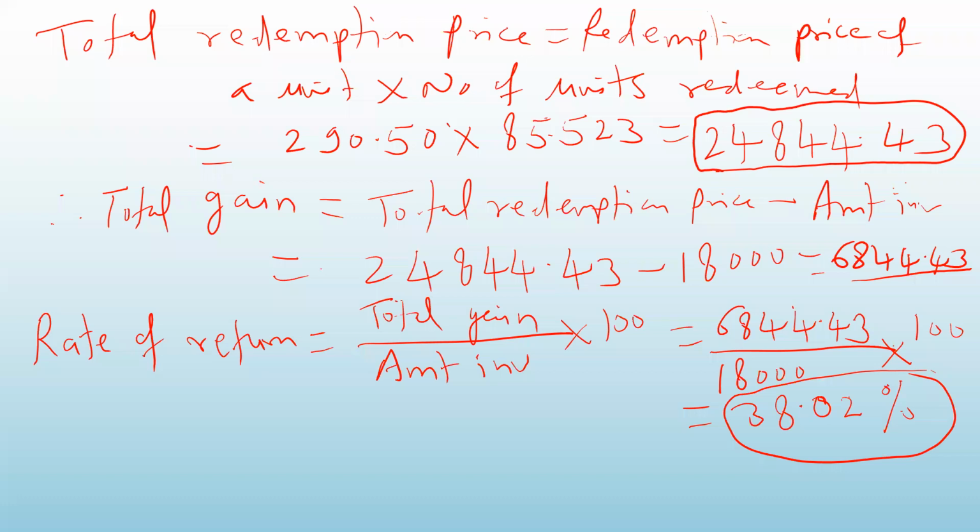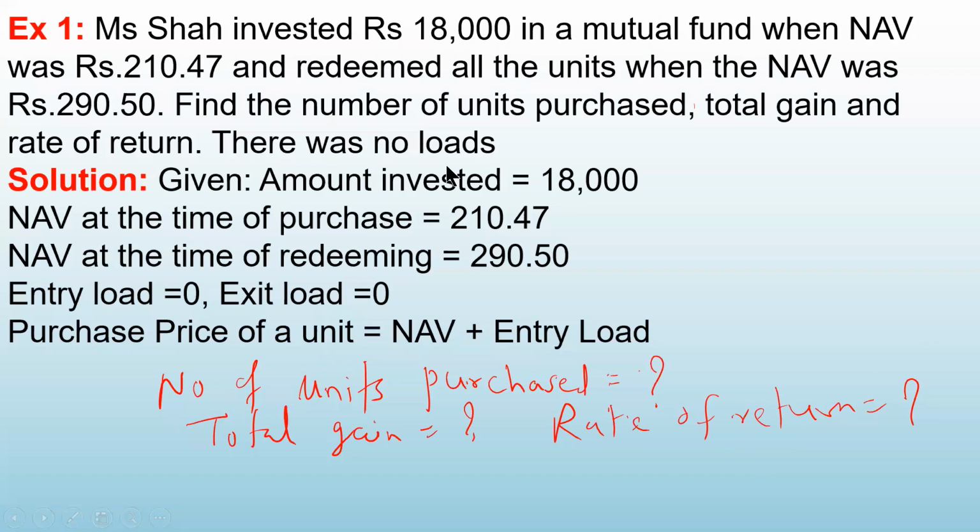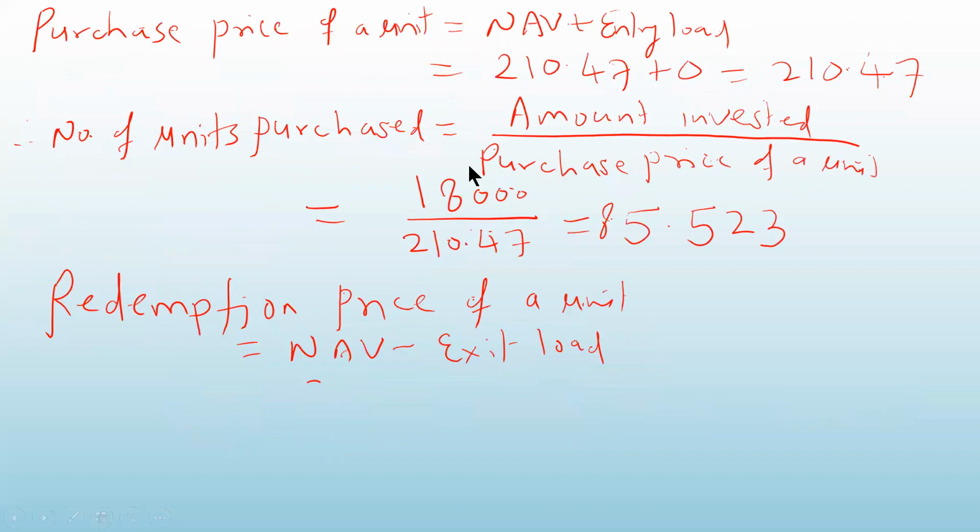So I hope you have understood this problem. This problem was easy because there were no loads. The purchase price was the same as NAV and the redemption price was also the same as the NAV. First we calculated the number of units purchased. Then we found the redemption price of a unit, NAV minus exit load.